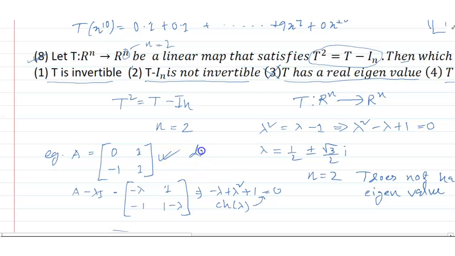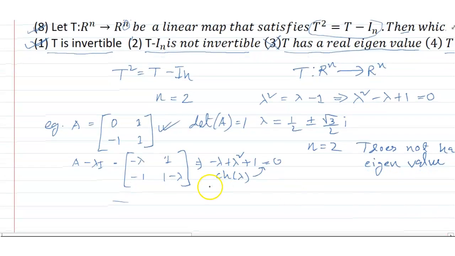Determinant of A equals, in here you will see 1, so T is invertible, and T minus I_n is not invertible.